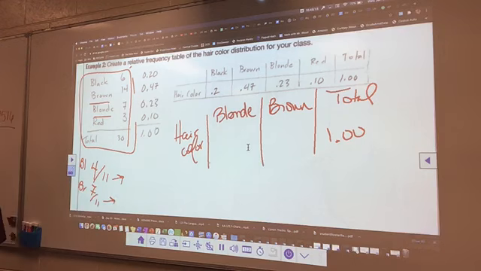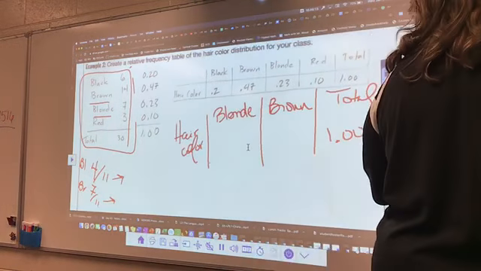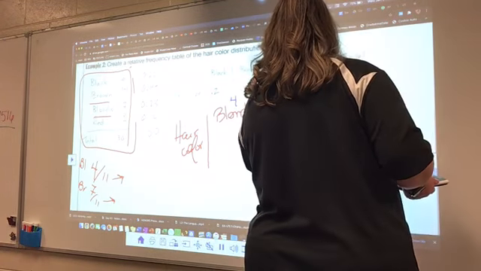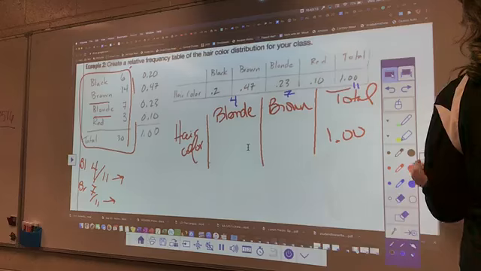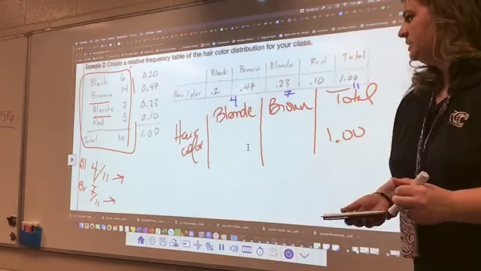So you always divide it by your total. So whatever little cheat sheet note that you want, you do that, okay? So we had 4, we had 7, we had 11. So that's going to tell me what my percentages are going to be.